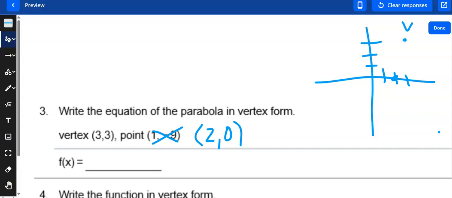So there's my vertex. That means that this thing has to open down.